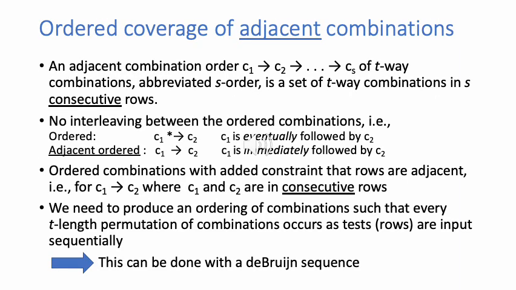So a question that naturally arises is what happens when we change that constraint where a combination is eventually followed by another combination or multiple combinations to the case where the combination is immediately followed by another combination. So that means, of course, that the input combinations occur in consecutive rows.